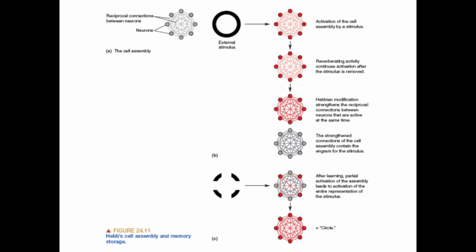This next image is actually not so hard to understand. It's a theoretical postulation from Hebb, Donald Hebb, and he was trying to explain here his hypothesis about how memories are created.